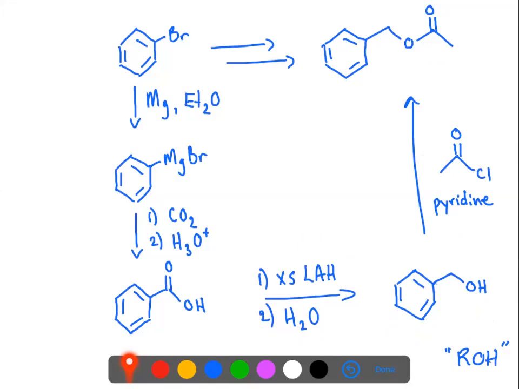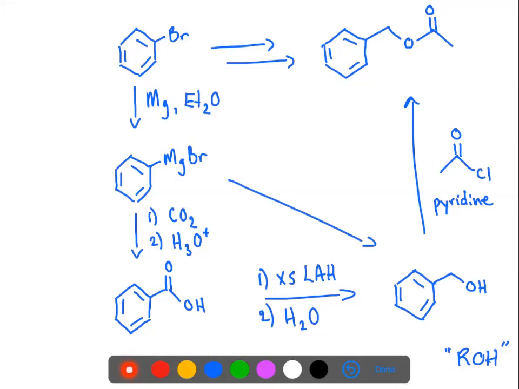Now, this isn't the only way we could prepare this particular ester. One other possibility, which we can highlight here, is that we could potentially have a different route from the Grignard to the alcohol. The Grignard is a very reactive carbon nucleophile.